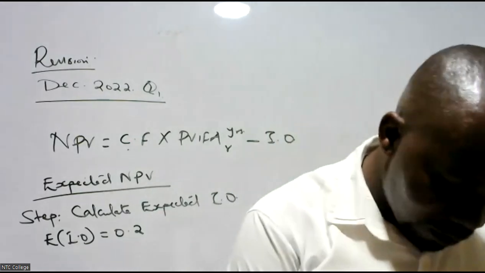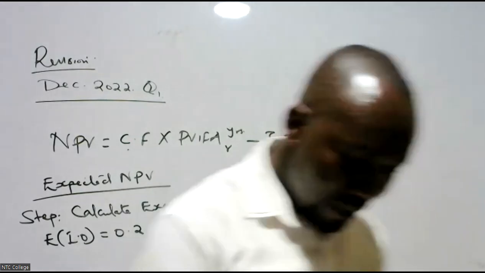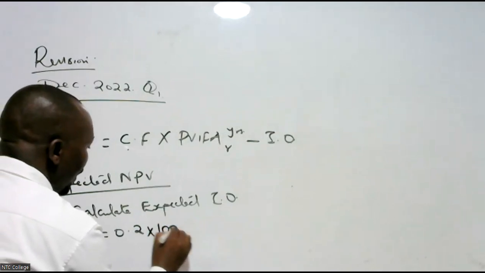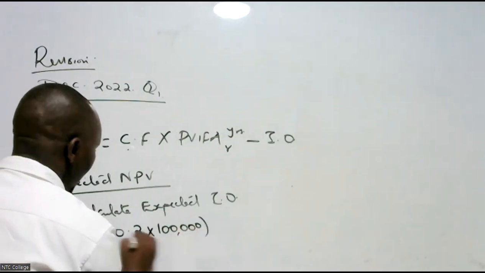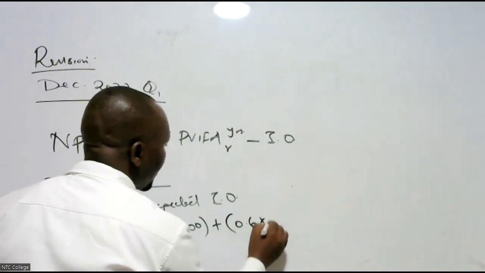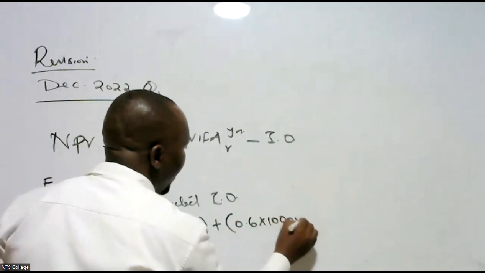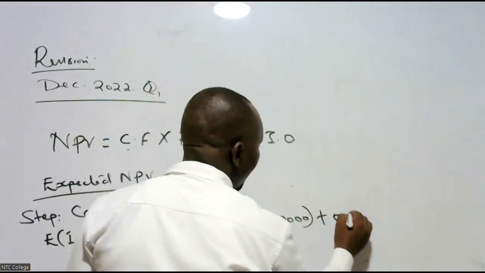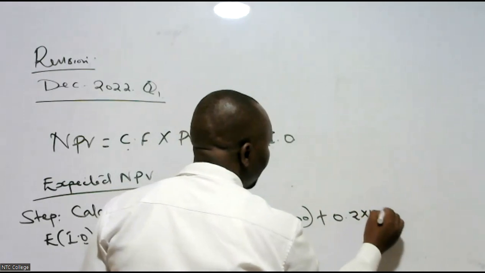So we have the IOs. The first one was 100, they are the same. 100 throughout. So we have that times 100. That is the first case plus the second one, 0.6 times 100. That is for the base case. Then we have 0.2 times 100.